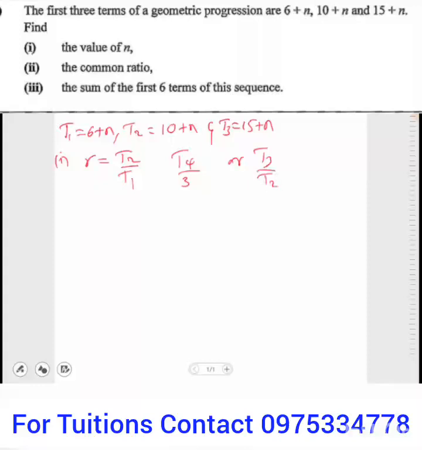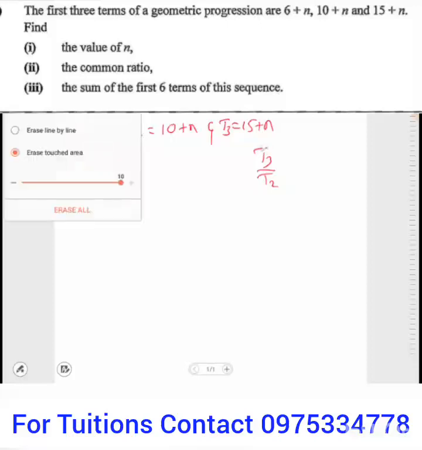So now, according to this question, what we are going to do is to equate the two common ratios. We need to equate this term to this term here. So let's do it together.